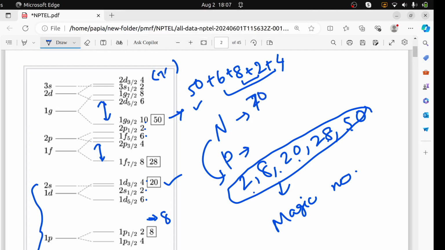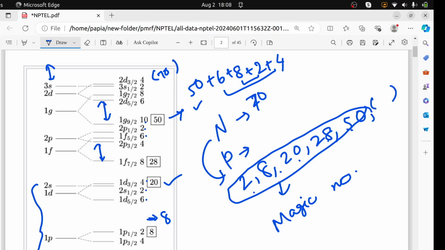So 70 can also be there, but the main thing is that we are not considering more nuclear states other than 3s here. Obviously there should be so many nuclear states other than 3s also, above the 3s there will be so many states. So if I consider these also, then we can have some more numbers here.